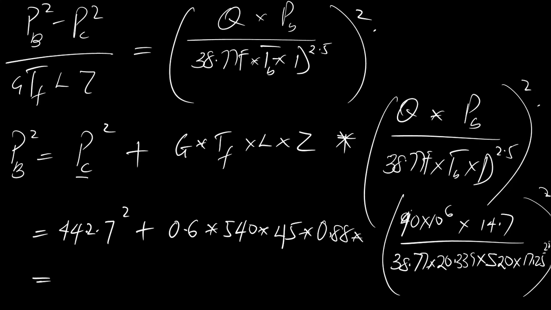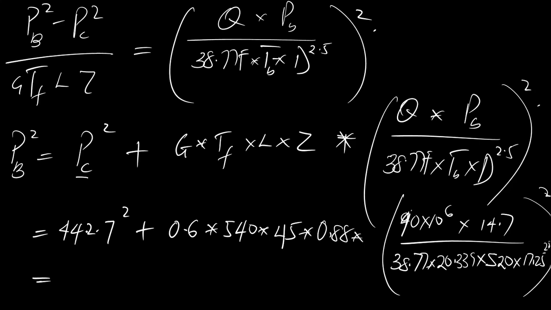Now, if I multiply 0.6 times 540 times 45 times 0.88 to that value, I have this plus 442.7 square equal to this. Then let's see the square root of this value.